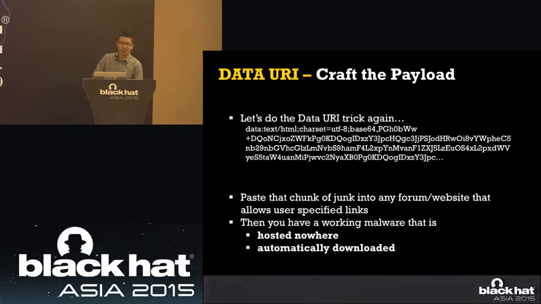We use the same trick. We do the data URI trick again. We turn the page into base64 encoded content and assign it to a data URI with text/html. So when the user clicks on this link, it's going to do the whole dance of auto-clicking and auto-downloading while we control the file name.